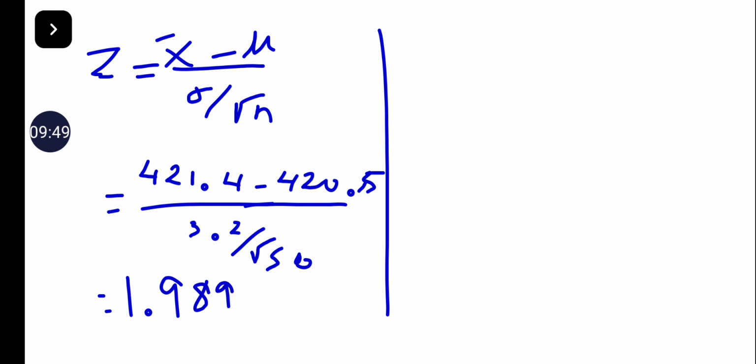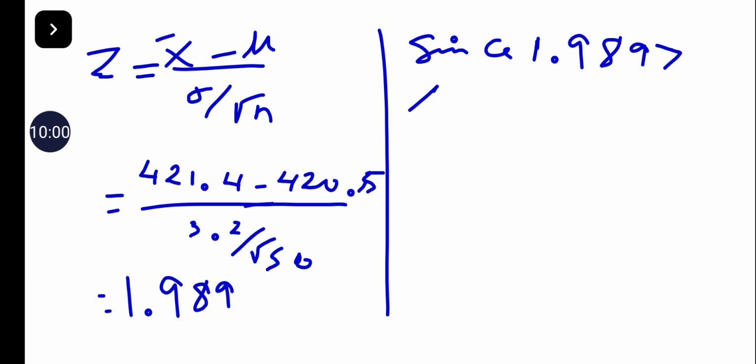So we see that since 1.989 is greater than the critical value 1.960, this implies that we reject H0, we reject the null hypothesis.